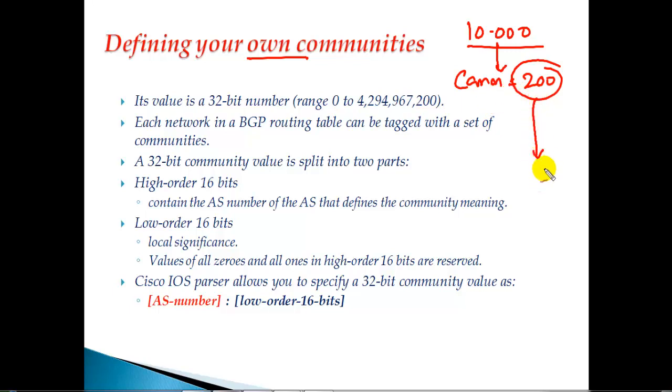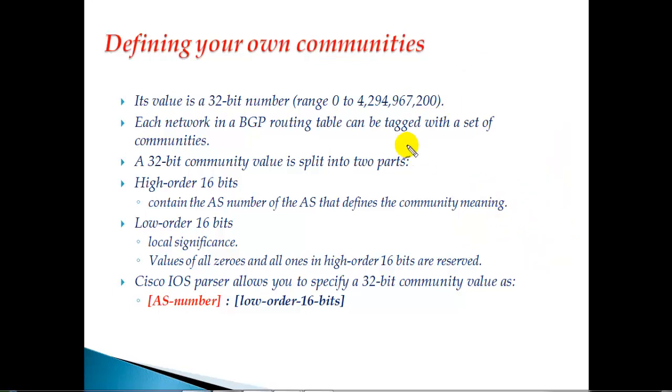So what I can do is advertise to all the routers, and now this router can decide what it has to do with this community value of 200, whether you want to do some filtering, or you want to advertise, or you want to apply the local preference, or you want to apply the weight, whatever. I'm just going to tag my routes, and it's up to the upstream router to decide what exactly to do with those specific routes.